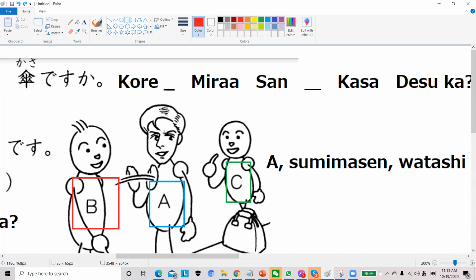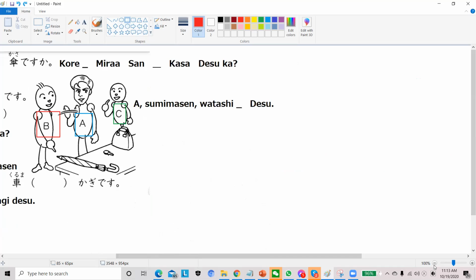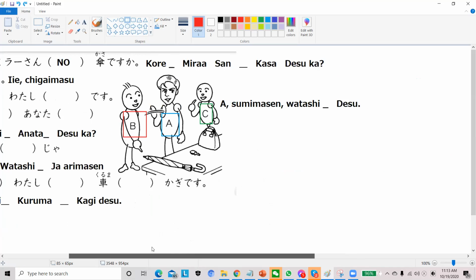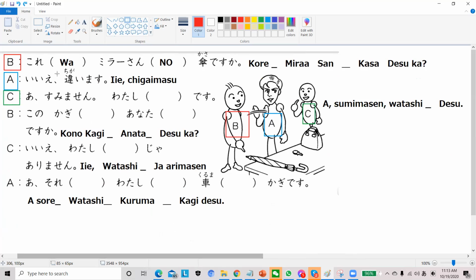So instead of your head, it's your hand. Okay, let's try to answer. He said here, iie, chigaimasu. So he said, no, it's not.